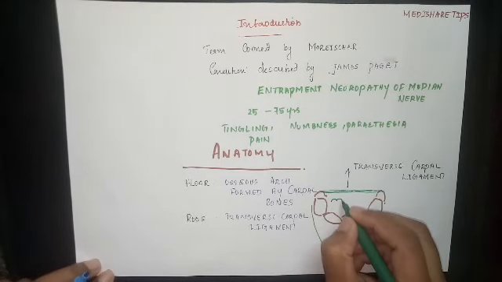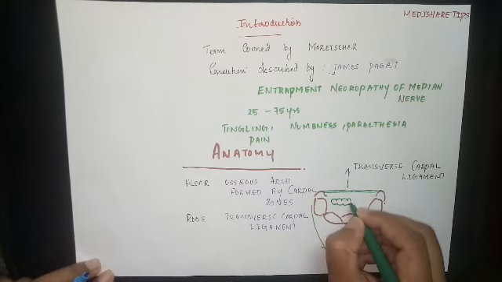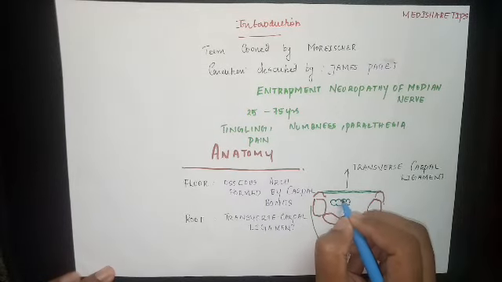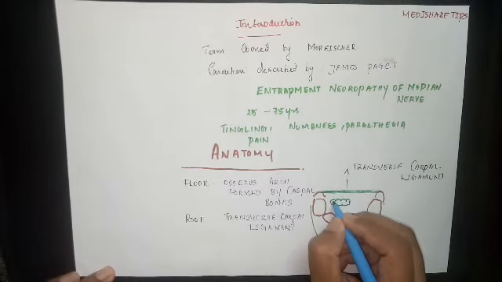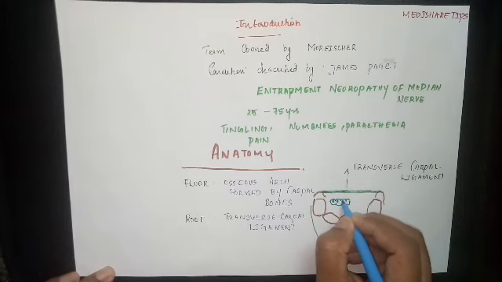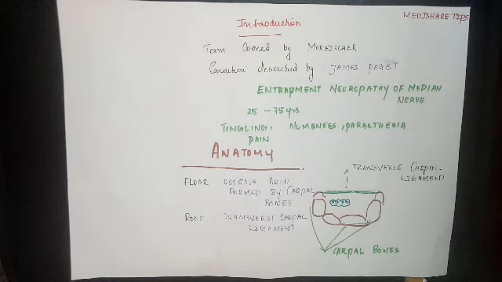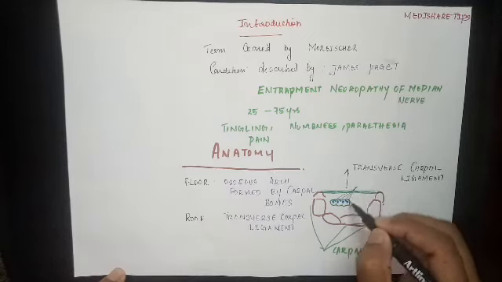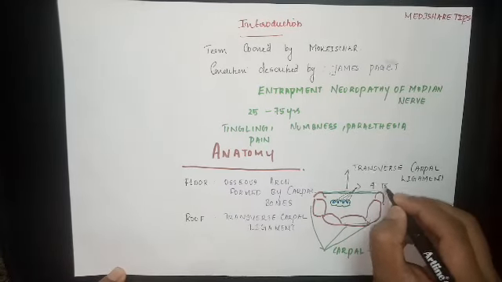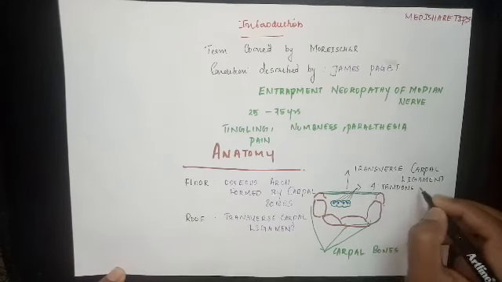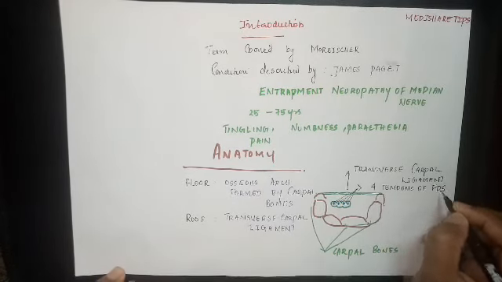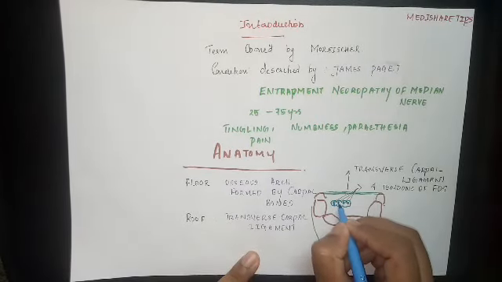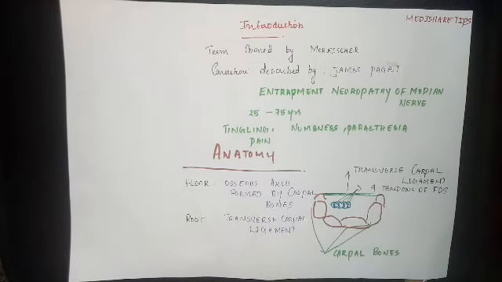The 9 tendons are enclosed in sheaths: 4 tendons of flexor digitorum superficialis and 4 tendons of flexor digitorum profundus.